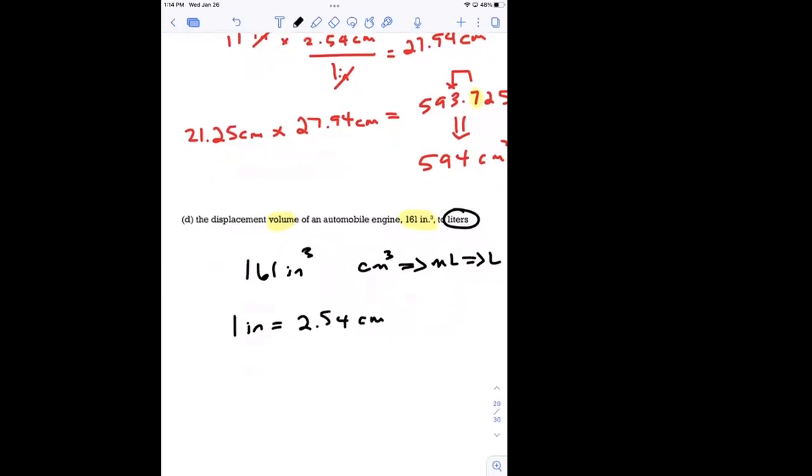Yes, sir. All right. So then if we say 1 inch and we cube that, we're going to do the same thing to the other side, 2.54 centimeters, and we're going to cube that.